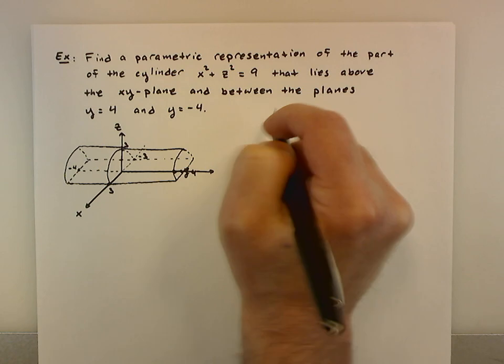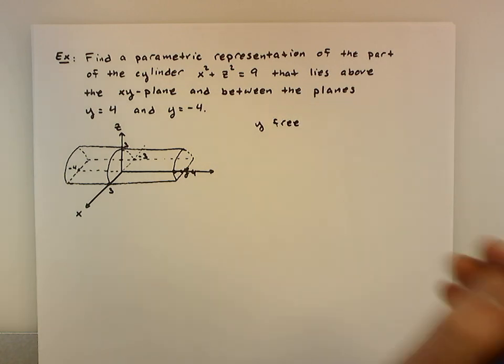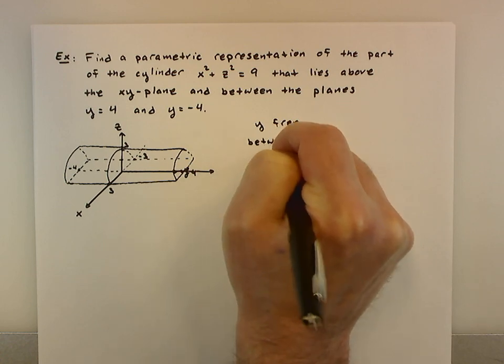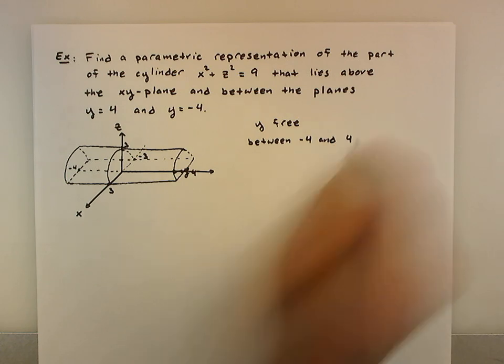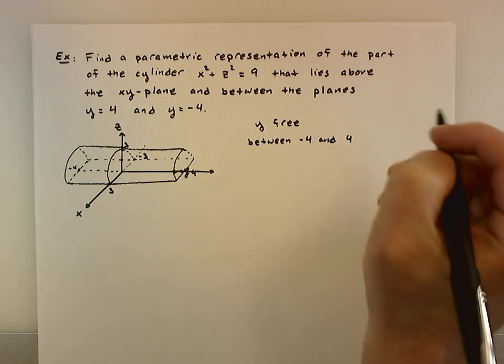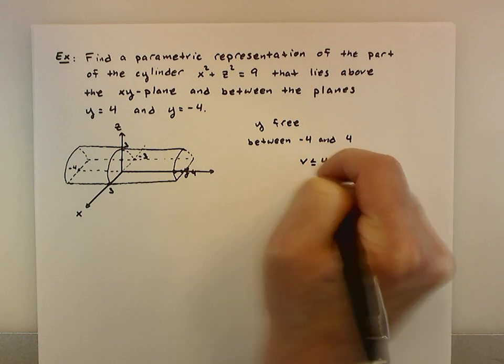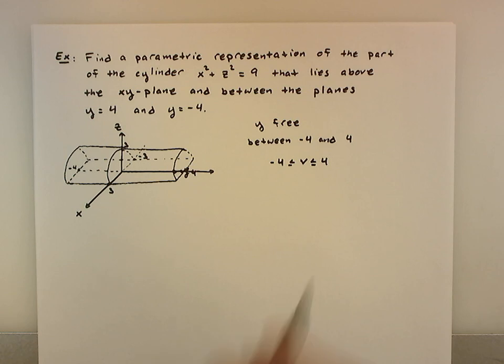So I'll say y is free between negative 4 and positive 4, which means v is less than or equal to 4 and greater than or equal to negative 4.